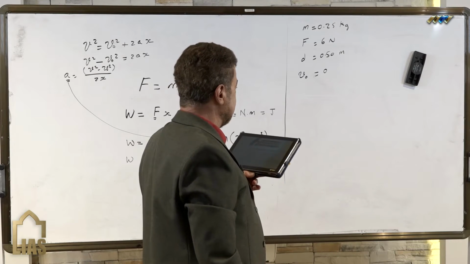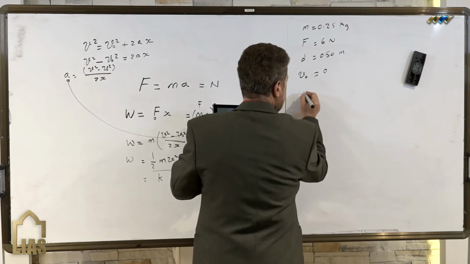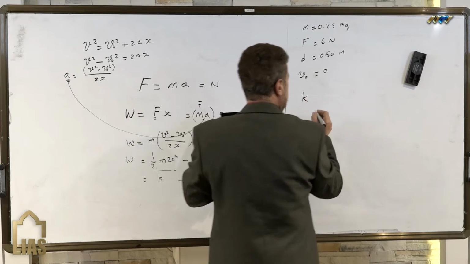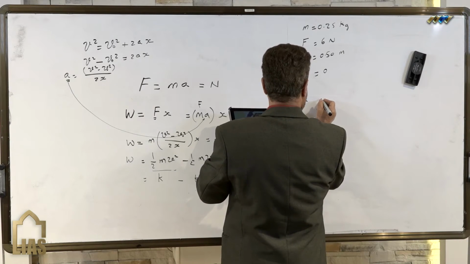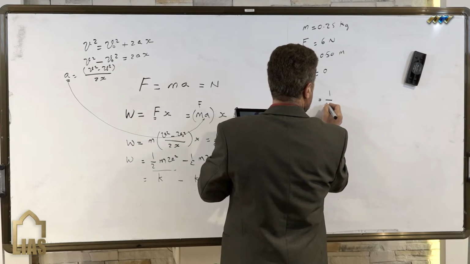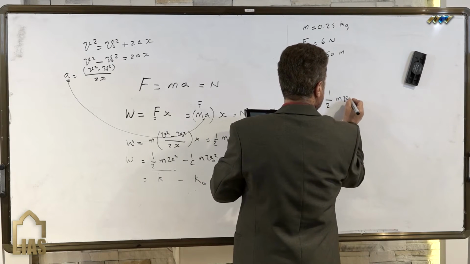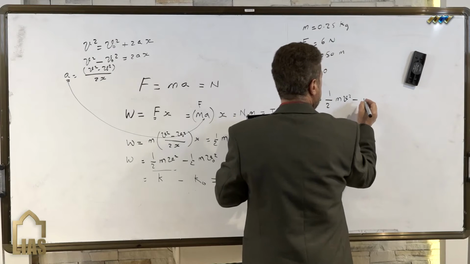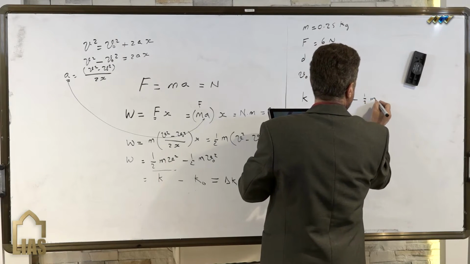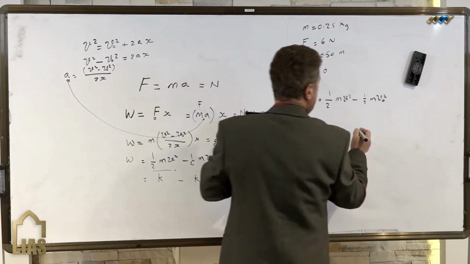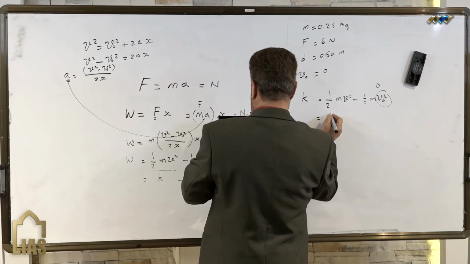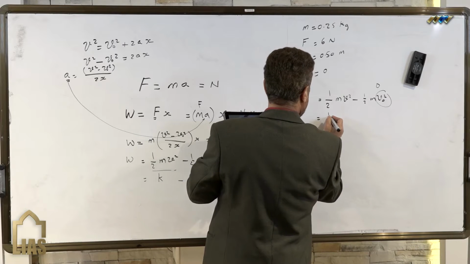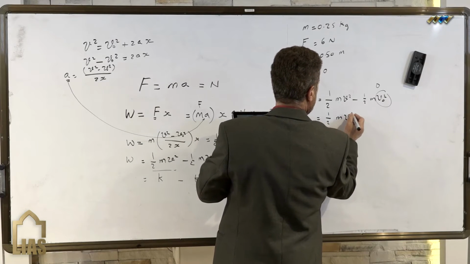The kinetic energy will be half m v squared minus half m v0 squared. Here v0 is 0, so it is half m v squared.